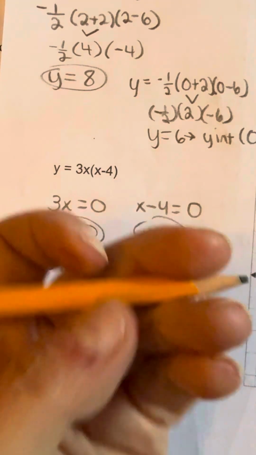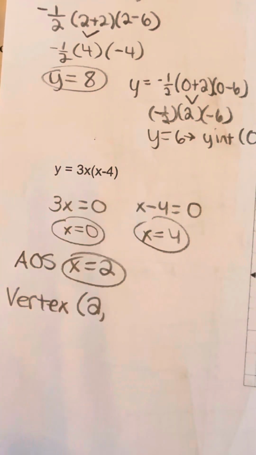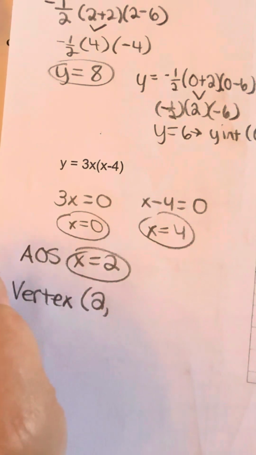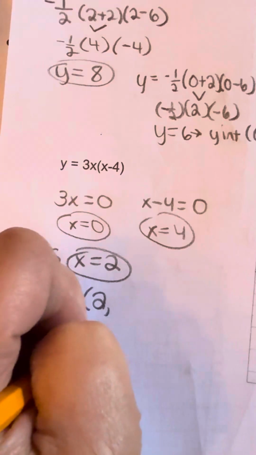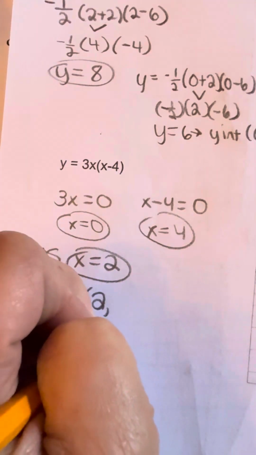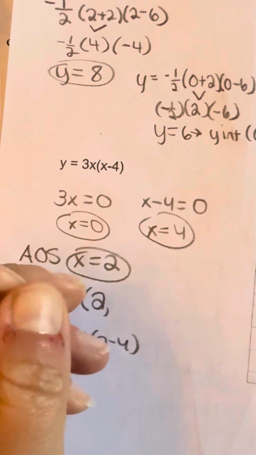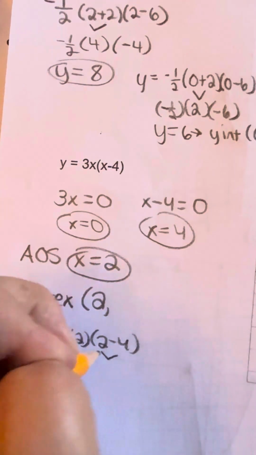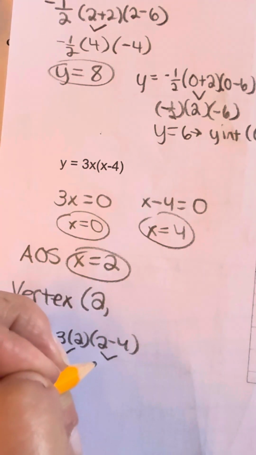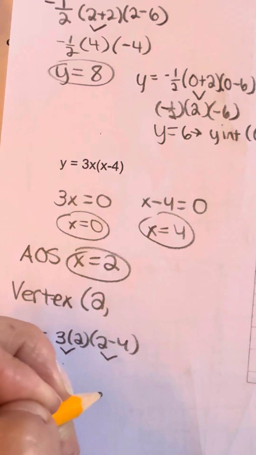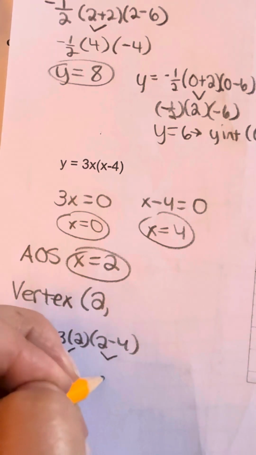Now we want to find y by plugging in x with 2 in both spots to solve it. So y is going to be equal to 3 times 2, and then in parentheses, 2 minus 4. 3 times 2 is 6, and then we also have negative 2 here.